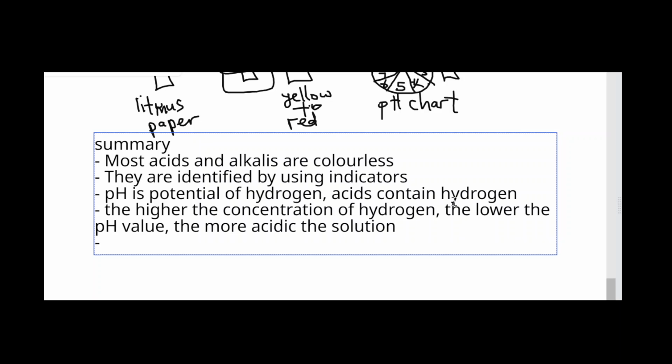And for the purpose of this video, I've said the pH scale goes up and down by factors of 10.